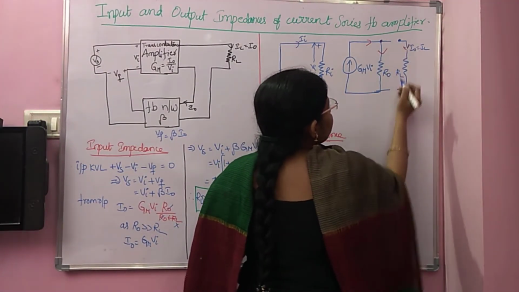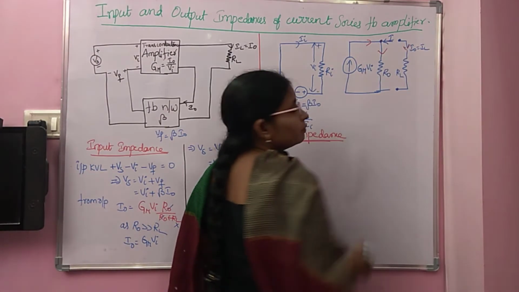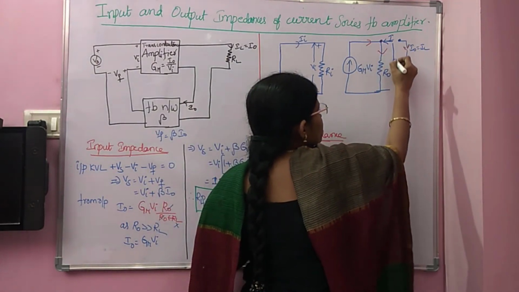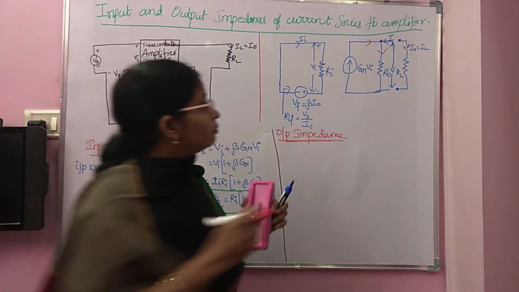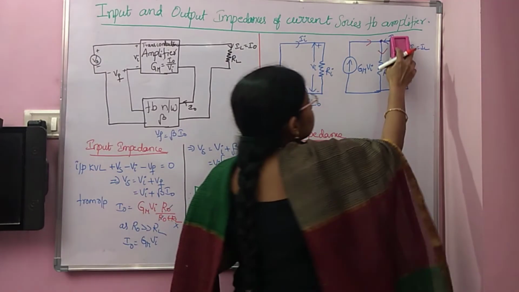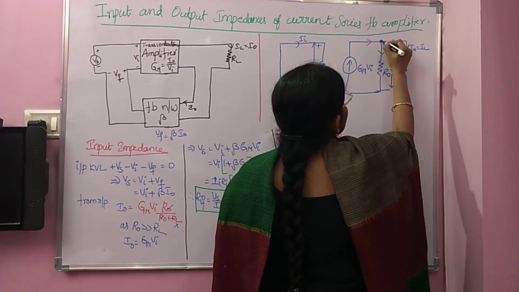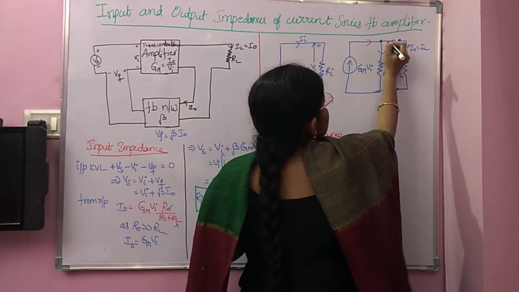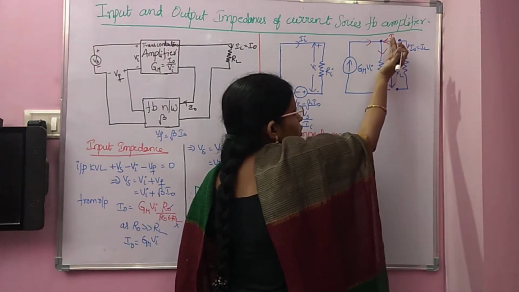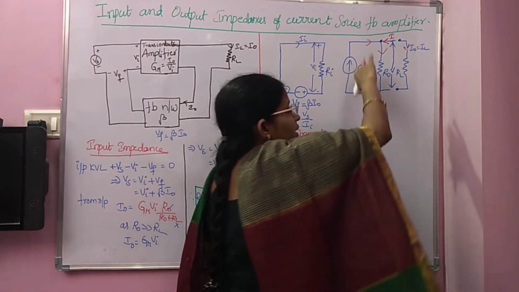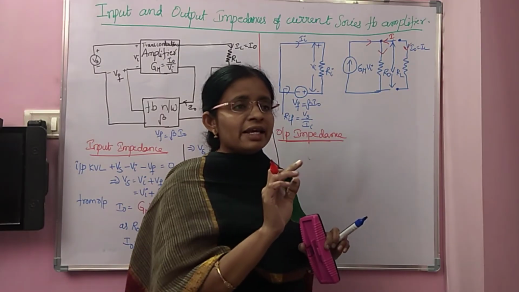Then take this current as I, and this voltage as V. So, from this open circuit, the current coming into the circuit is I and the current going to the RL is I naught. Now, I is equal to minus I naught.